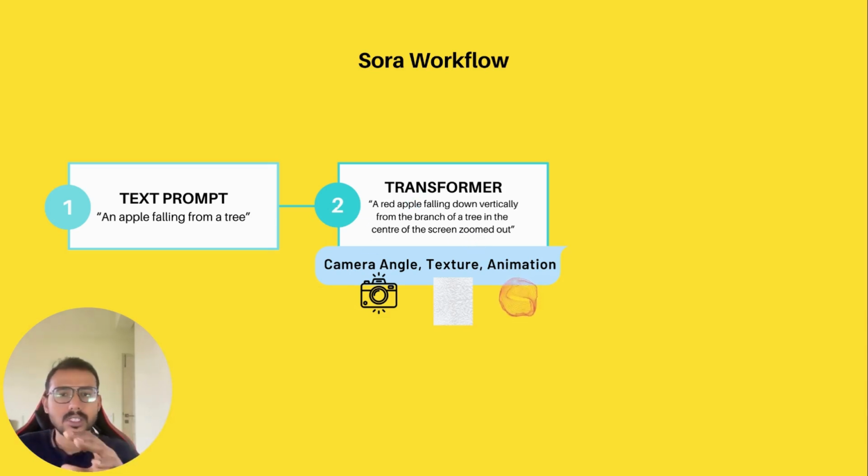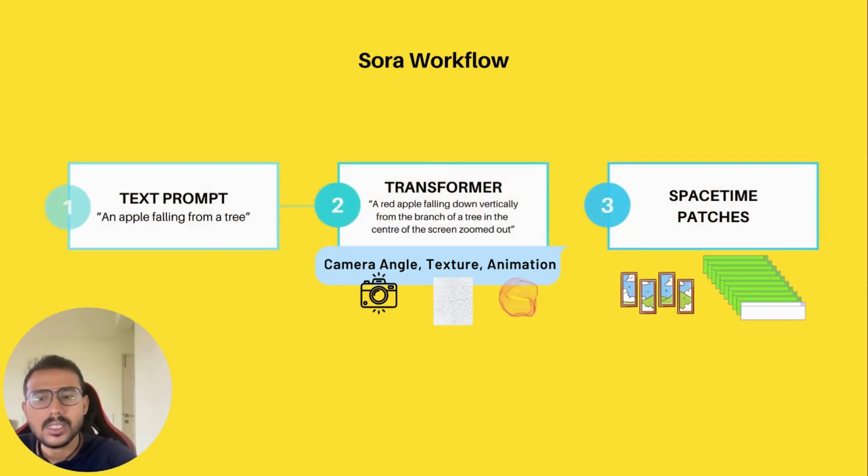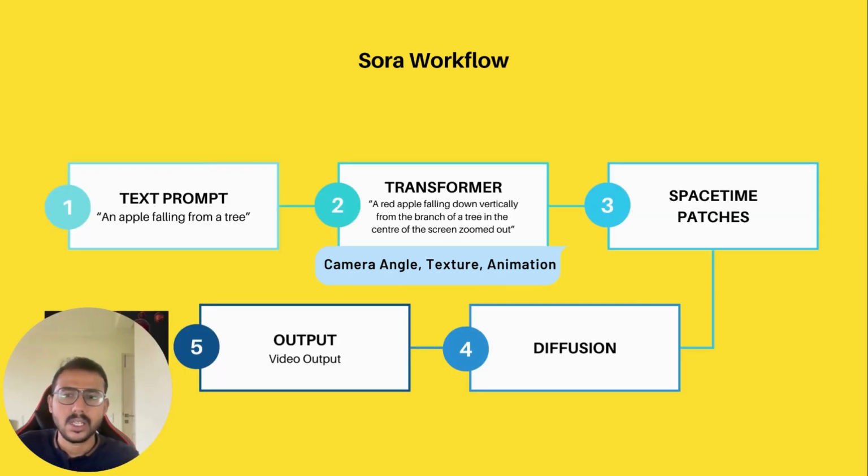So we give all different types of parameters so that it creates a detailed prompt for the video creation. This refined script is then used to create a list of spacetime patches. We'll discuss spacetime patches in much more detail shortly. And finally, diffusion turns these patches into a final video. It makes a visually coherent video from the original text prompt.